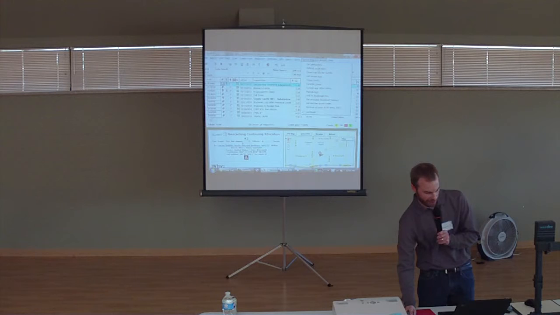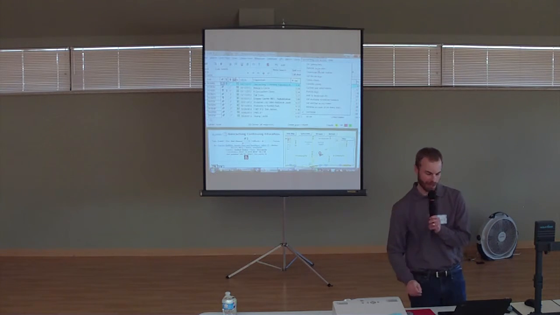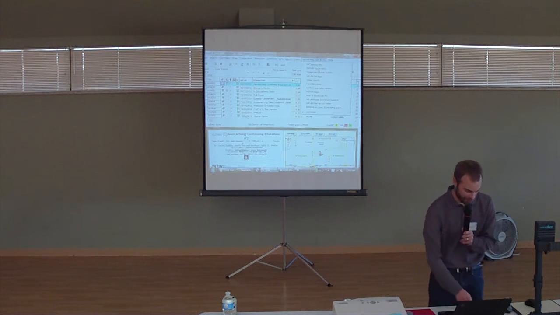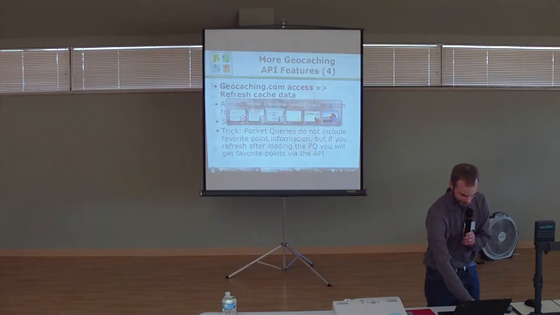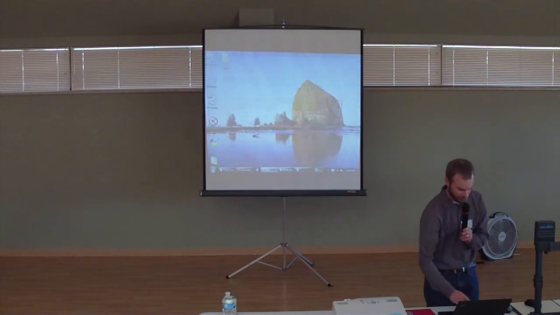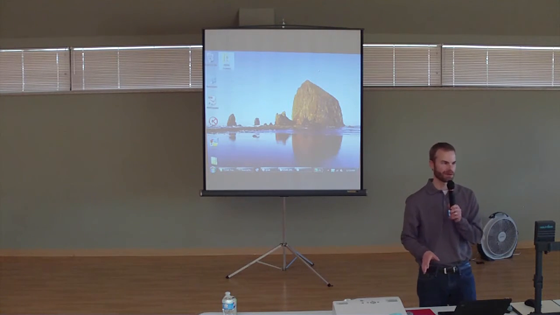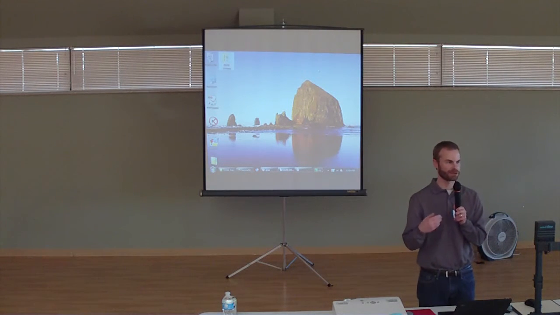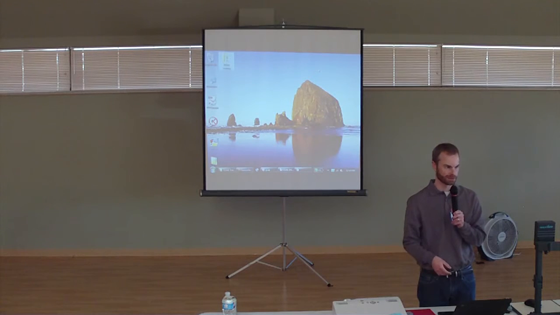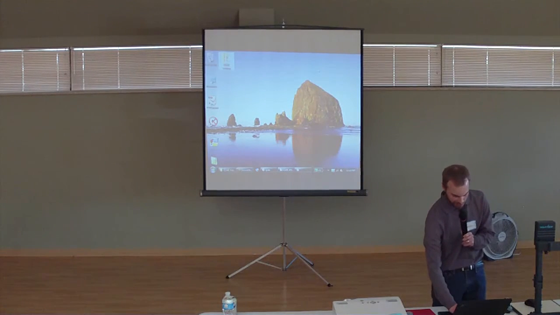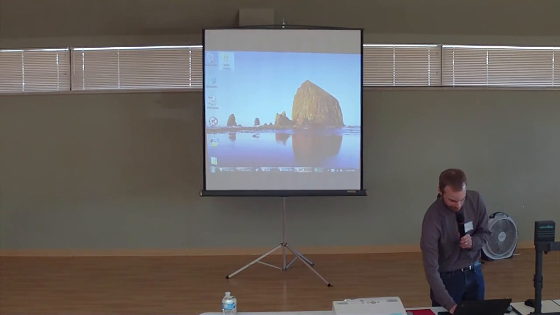Under geocaching.com access, there's a refresh cache data, and it will go through the same process. That one will not put new ones in. Whatever's there, refresh cache data will just grab new data for that cache. Correct. You'd have to go back to get geocaches.